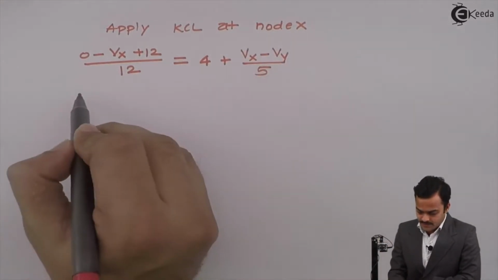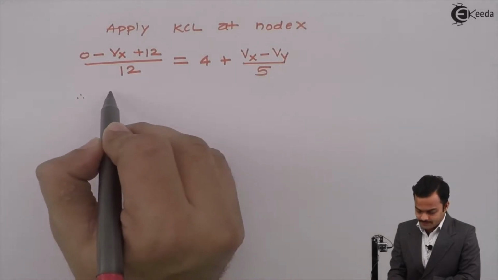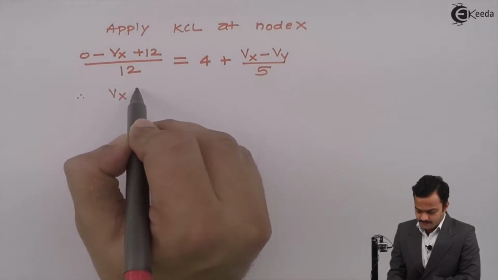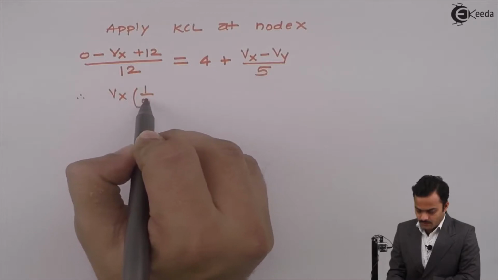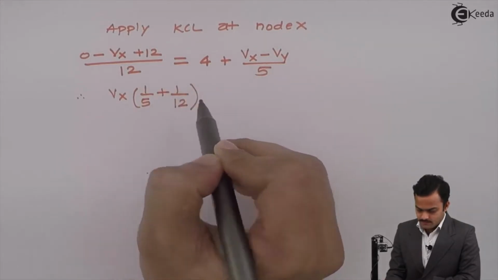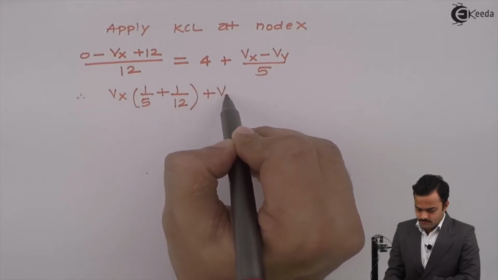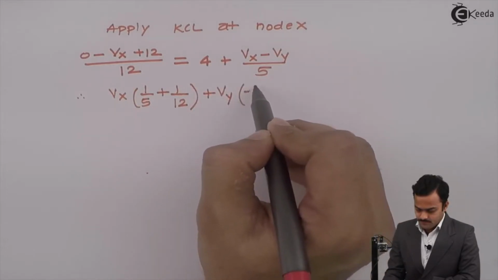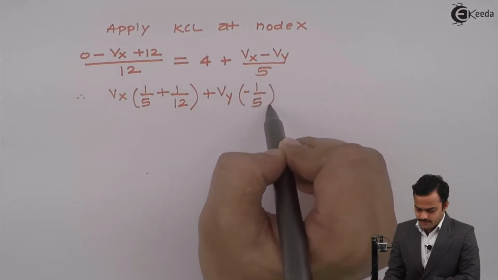Let's rearrange the terms. So I will get Vx times (1/5 + 1/12) plus Vy times (minus 1/5).